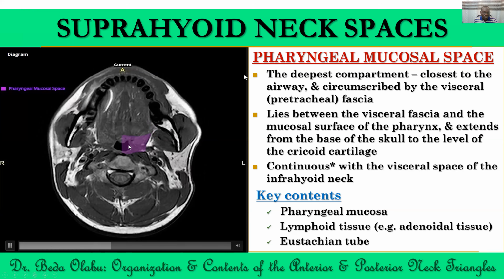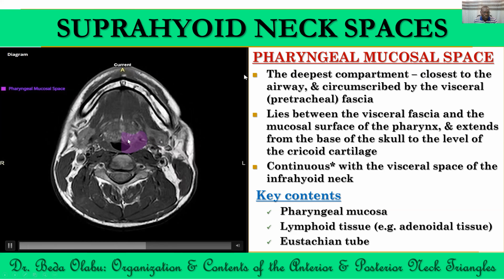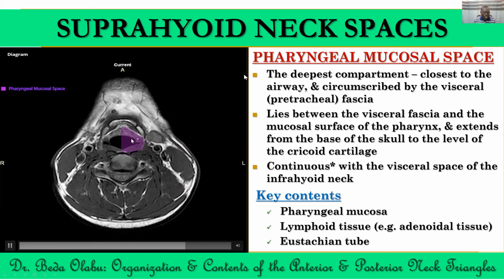So that is the pharyngeal mucosal space. We are focusing on the mucosa of the pharynx all the way from the base of skull down to the level of the hyoid bone, as you can see there. Some people may consider the pharyngeal mucosal space to extend all the way to the nasal mucosa and oral mucosa, but most authorities do not recognize that.